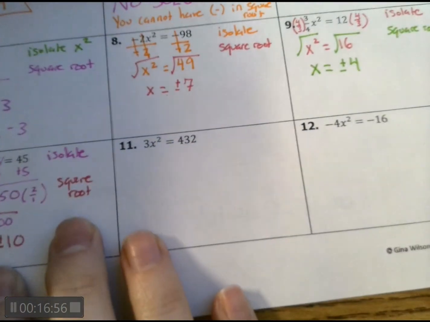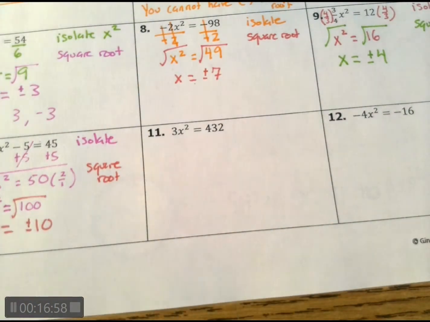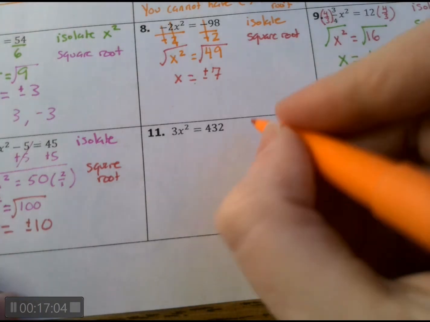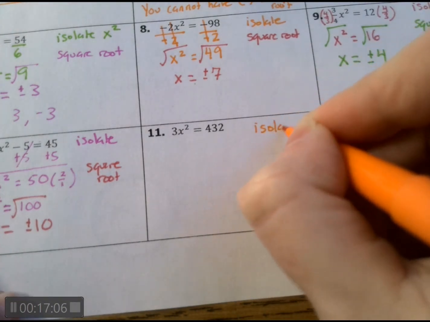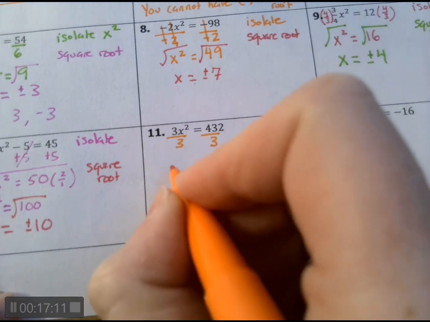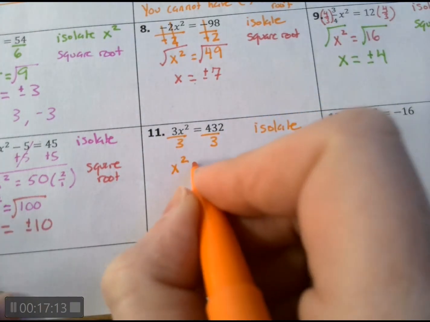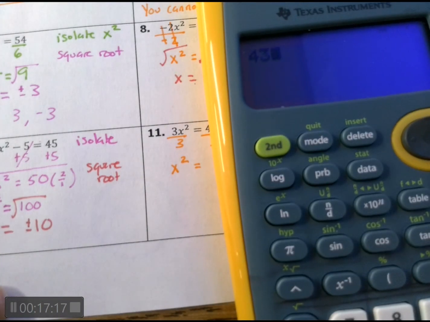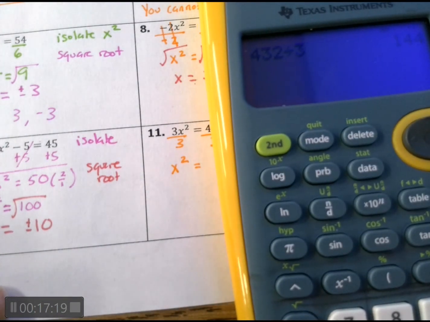Alrighty, number 11. This time we have 3x squared equals 432. So, still need to isolate. We're going to divide by 3. So we're left with x squared equals, I don't know this one off the top of my head, so I'm going to do 432 divided by 3.